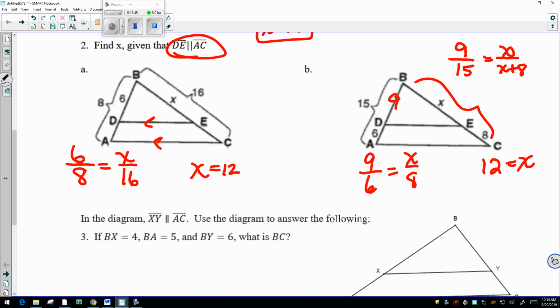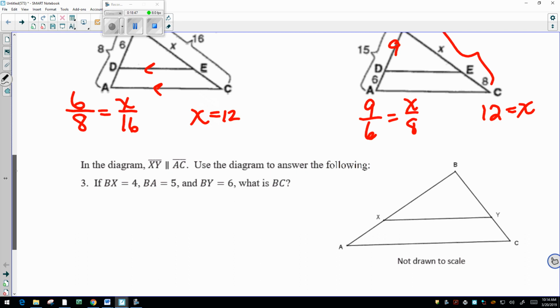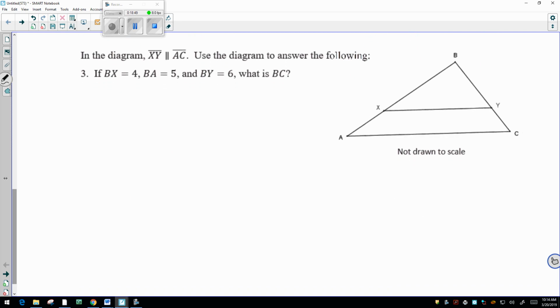Different. Okay, on the bottom down here, again, our lines are parallel, so that allows us to do that parts with parts kind of comparison. So BX is 4, BA, the whole side, is 5. BY is 6, and we're looking for BC.